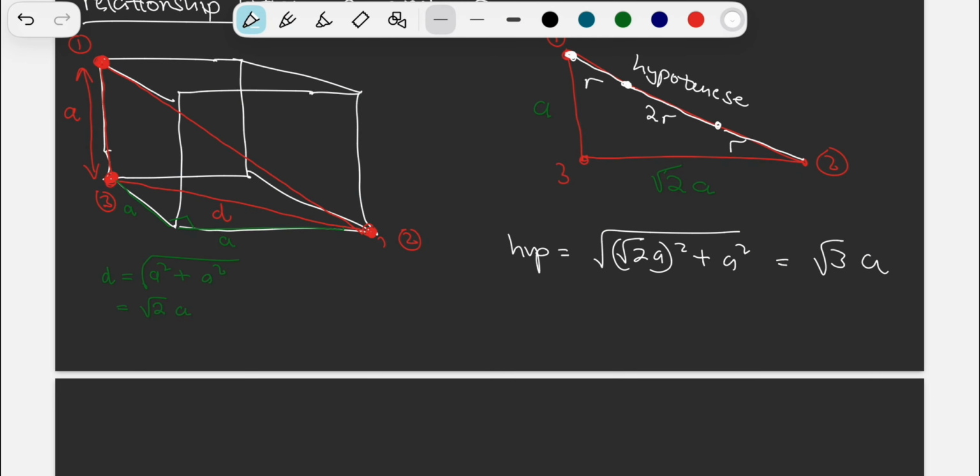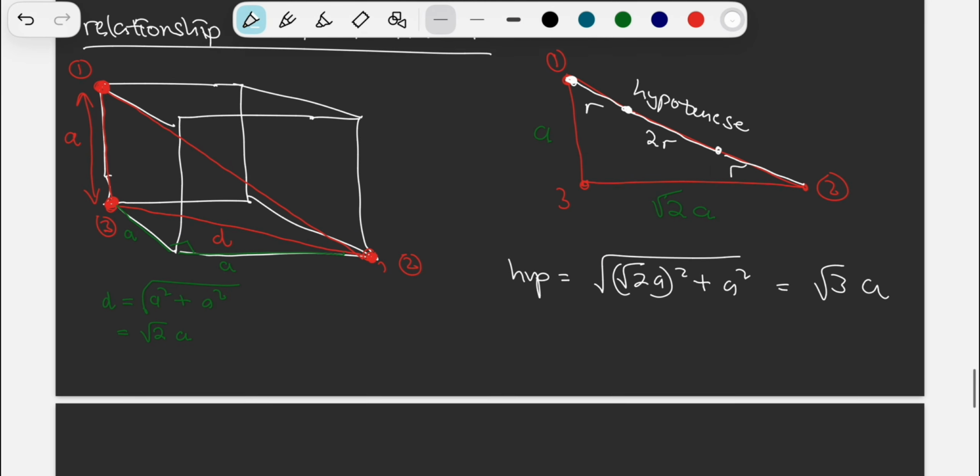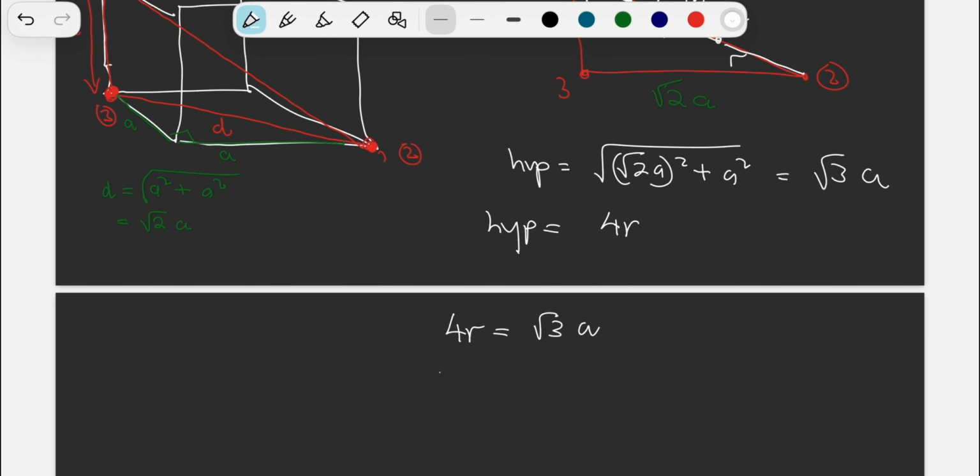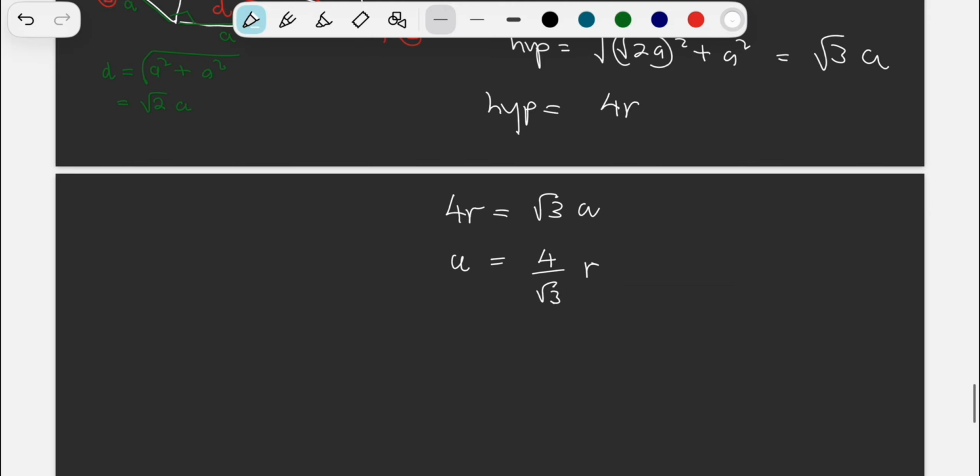So you can basically see that 4r, which is the hypotenuse, is equal to root 3 a. So in this case, 4r is equal to root 3 a. There's a very good observation that I've just made here, because I can therefore say that a is equal to 4 over root 3 r.